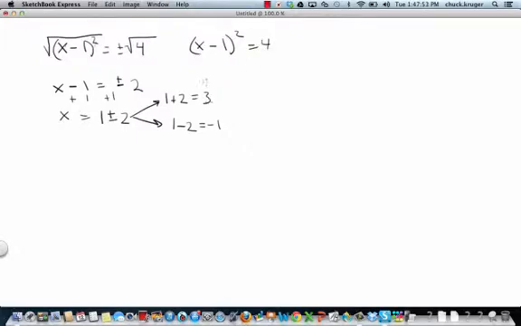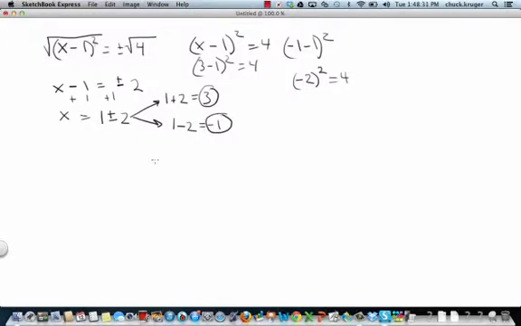If I put 3 in here, I have 3 minus 1 squared; 3 minus 1 is 2, and 2 squared is 4. So that works. If I put negative 1 in there, I have negative 1 minus 1 squared; negative 1 minus 1 is negative 2, and if I square that I get 4. So both 3 and negative 1 are my x-intercepts. They're the solutions to this equation, where the parabola crosses the x-axis.